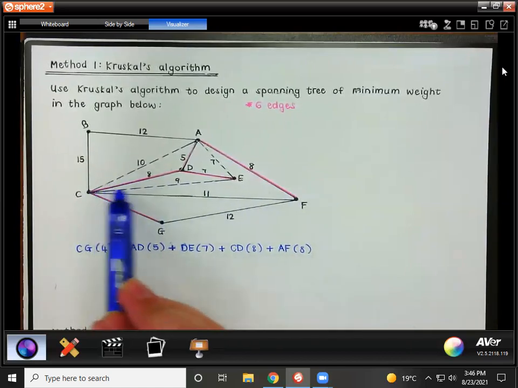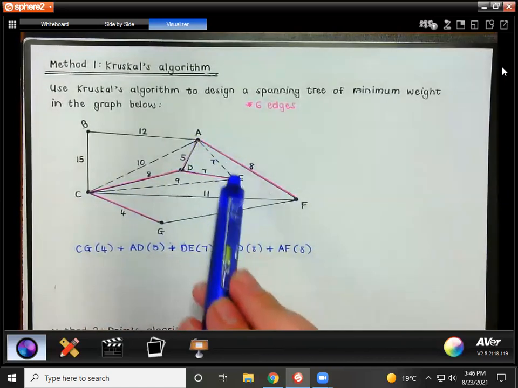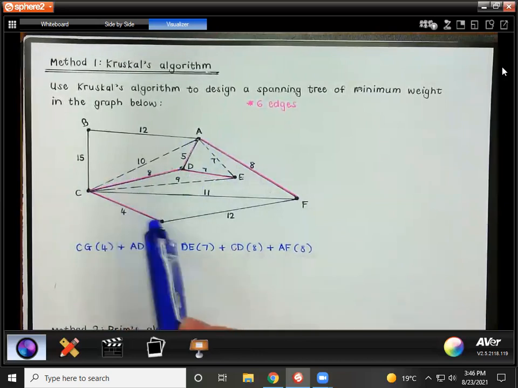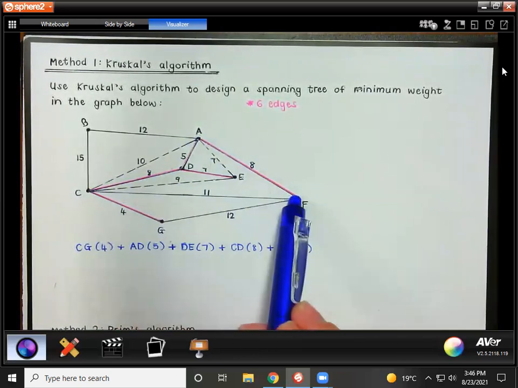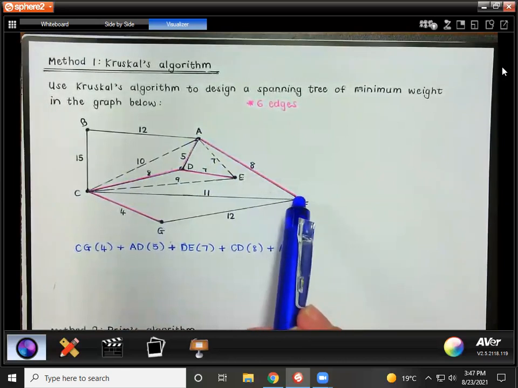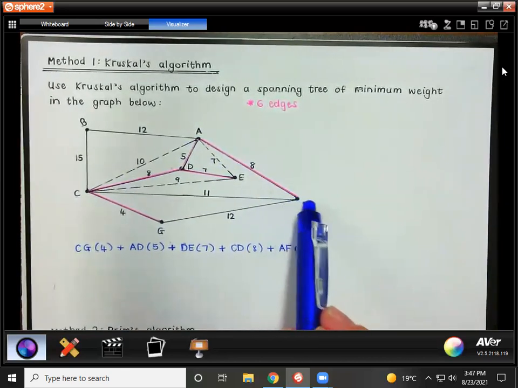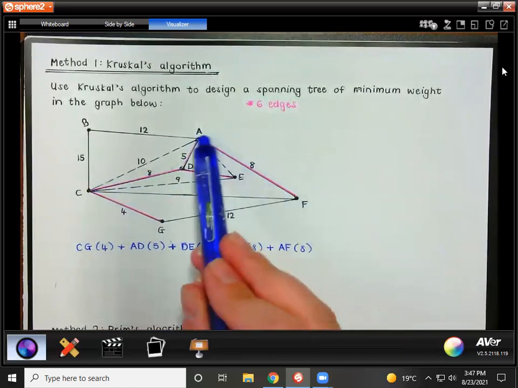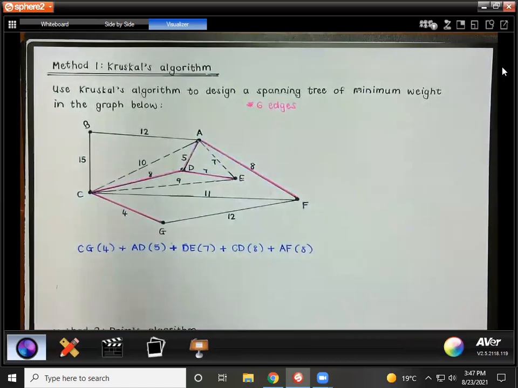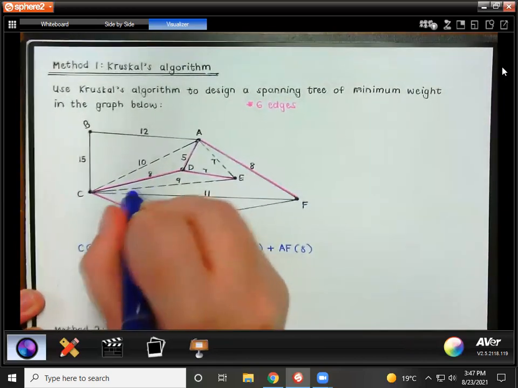Is that going to create a circuit? Yes, it's going to make a circuit over there. So as you add more edges, you need to look in a bigger space for the circuit. Do we agree that if I fill in this 11, I'm going to have a circuit? So I'm not going to do the 11 one either.